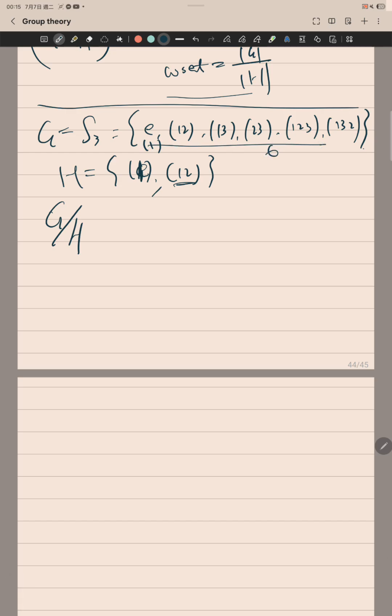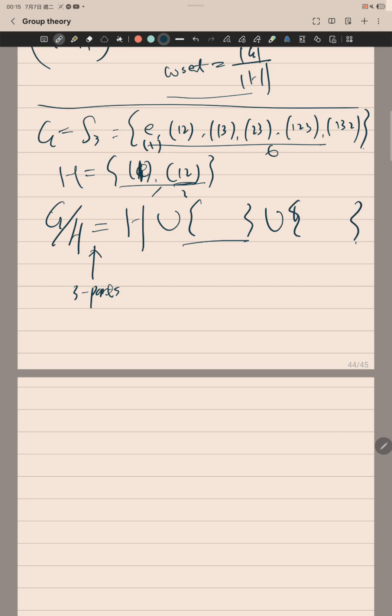So now you have 6 elements, and H has 2 elements, so you should break into 3 parts. So the first part will be H, right? Union something. So let's try it. I could use (1 3) times H. So I get (1 3). And when I use (1 3) times (1 2), then 1 goes to 2, 2 goes to 1, and 1 goes to 3. So this is (1 2 3). And now let me use (2 3) times this one.